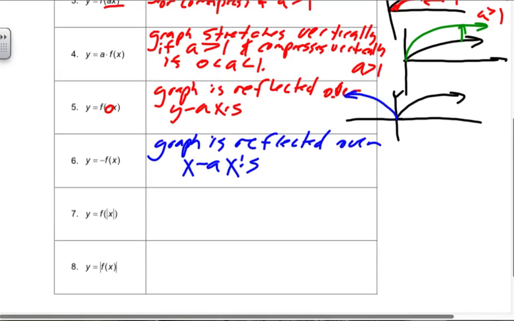All right, and I've actually drawn this one in red. So there's the outside. Now let's take this guy here, and again I'm still dealing with the same parent, but I'm going to reflect it over the x-axis. So it's going to look like that.